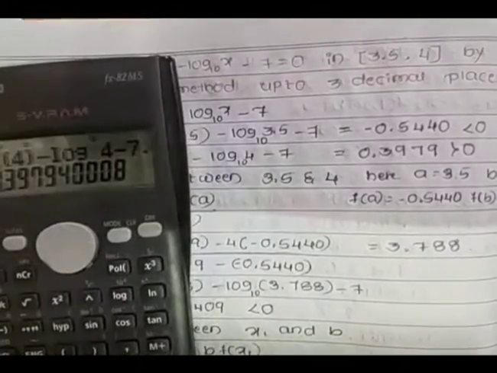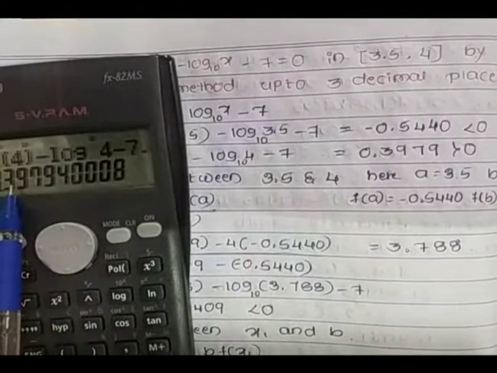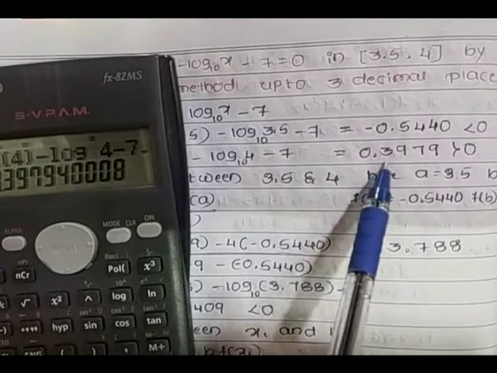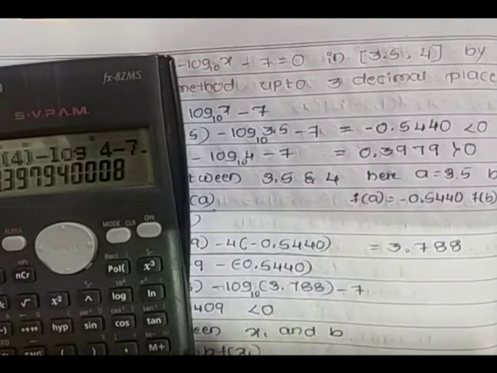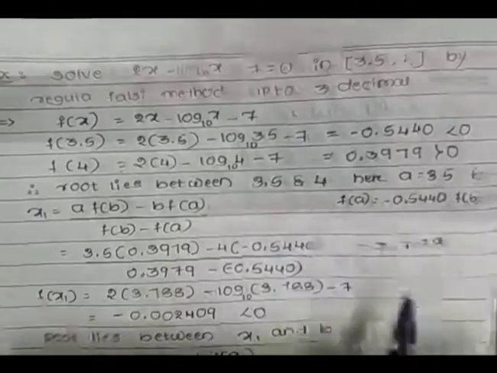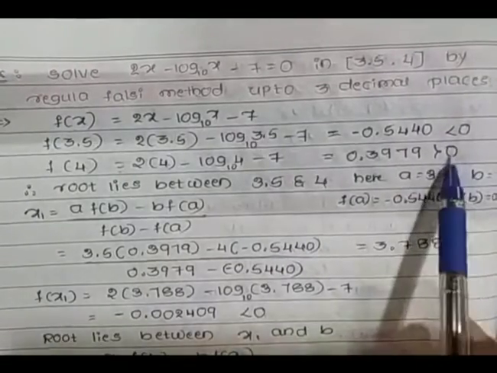So what will we get here? 0.3979. Any 4 decimals you can consider here. 0.3979, as it is a positive value greater than 0.